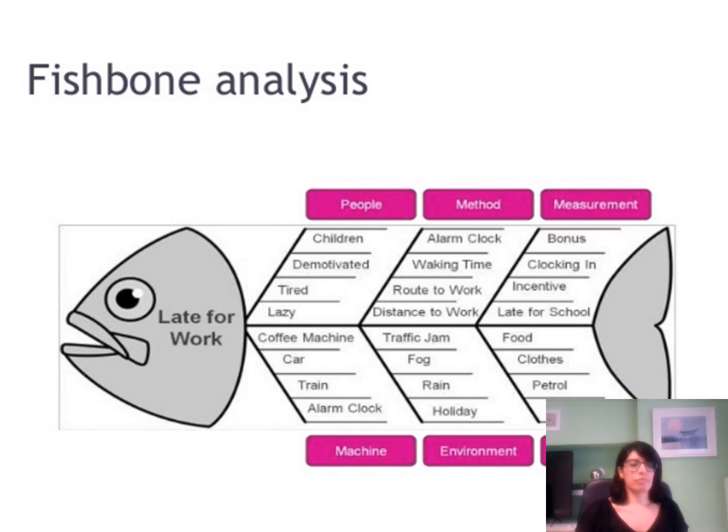That's at the head of the fish on the left. And you can see here that the bones of the fish have been labeled people, method, measurement, etc. And then in each of the branches, or each of the bones of the fish, the various things that are included in each category are added here.